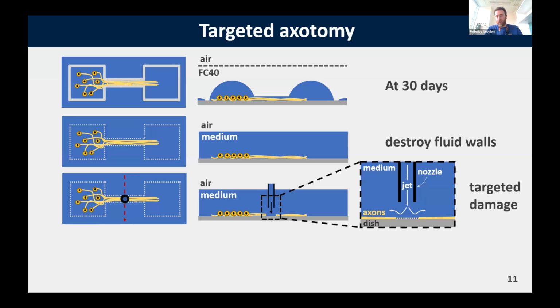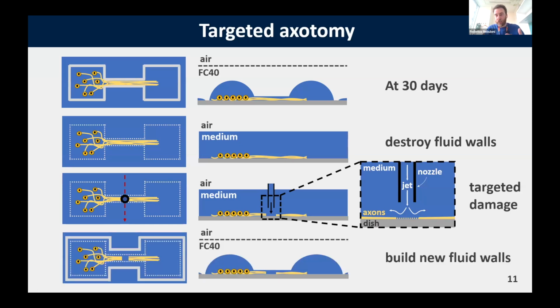And probably even nicer than anything else is that we can once again recreate around the damaged cells a new microfluidic circuit. We were only careful to create the fluid walls just slightly offset compared to the original boundaries, in order not to damage the cells that were living on those boundaries.